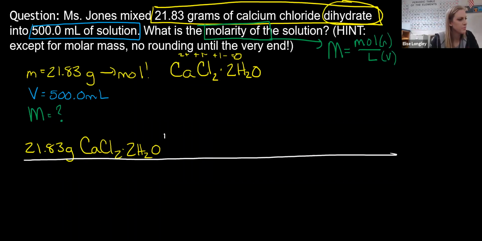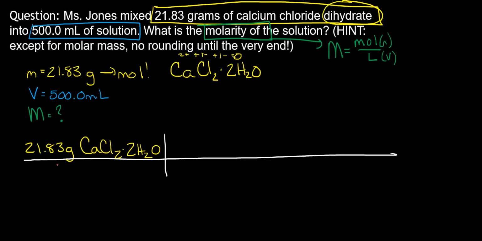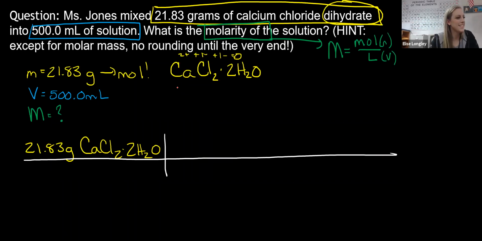Is this where you would use the atomic mass? Yes, it is. So we'd use this like a formula. So you'd have 1 calcium plus 2 chlorides plus 2 times 2 is 4 hydrogens plus 2 oxygens. And that's going to be a molar mass.